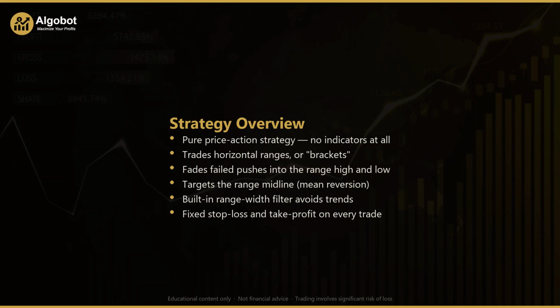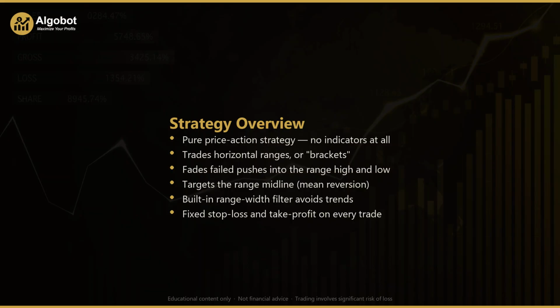That gives it the upper edge, the lower edge, and the midline of the bracket. When price probes one of those edges, prints a long rejection wick, and then closes back inside the range, the strategy fades that move. It sells failed pushes into the range high and buys failed probes of the range low, and in both cases it aims to ride price back toward the midline. That is classic mean reversion thinking.